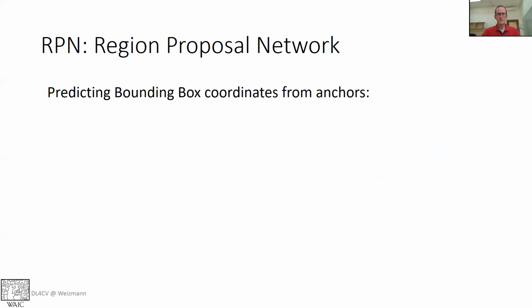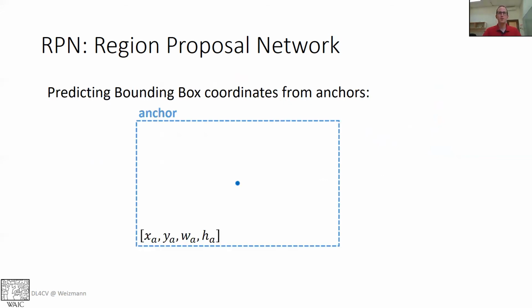Okay. So how are we going to predict the bounding box coordinates from the anchor? If this is an anchor and it's placed around this point, for each anchor we have 4 targets, which is the relative position, and its width and height, which basically determines the size and the aspect ratio of the anchor.